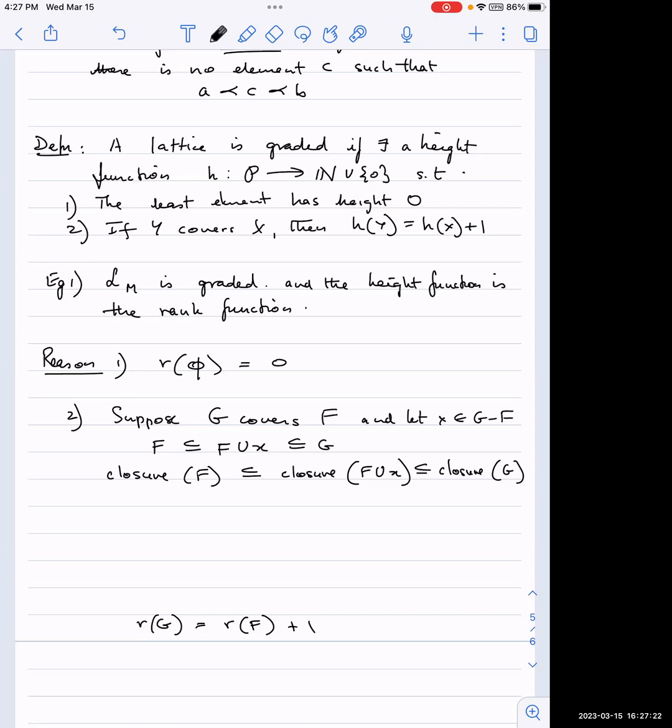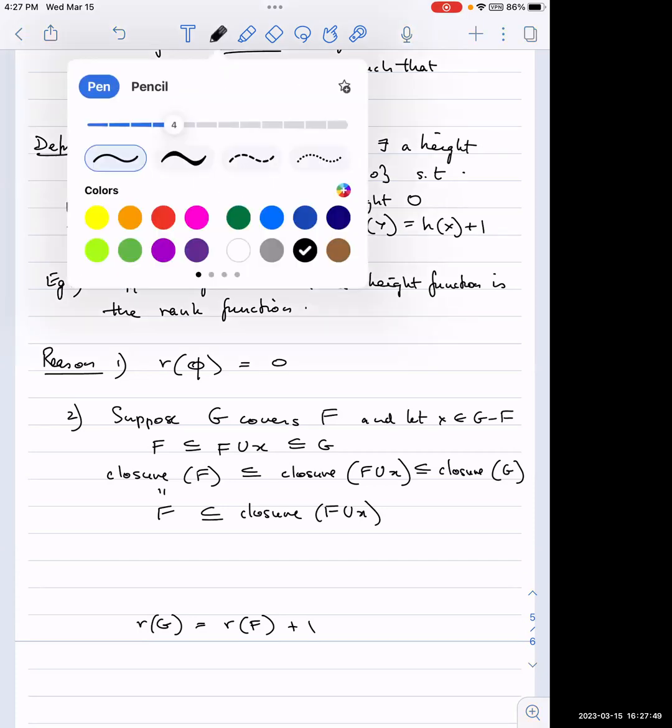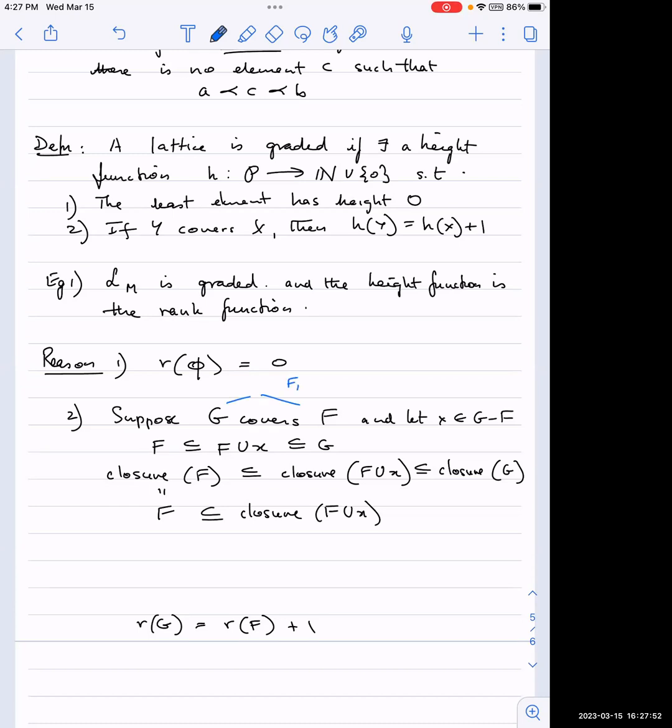Because that is one of our closure properties: if A is contained in B, then closure of A is contained in closure of B. Now, closure of F is just F, right? So F is contained in closure of F union X, and then closure of G is, I should say F and G are flats here, and closure of G is just G.